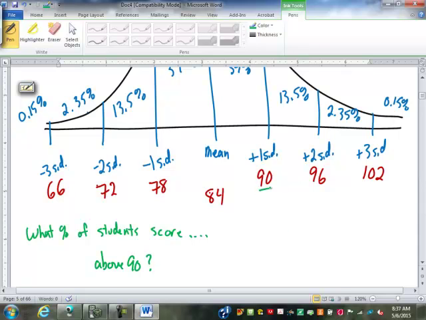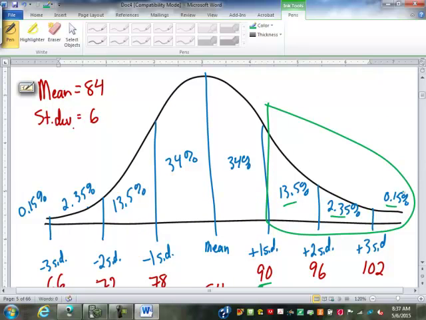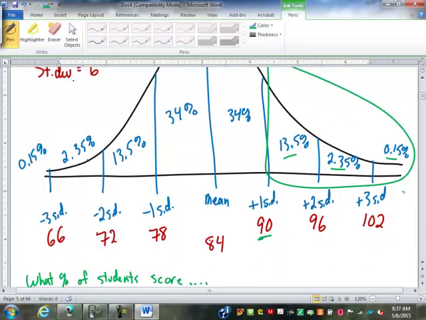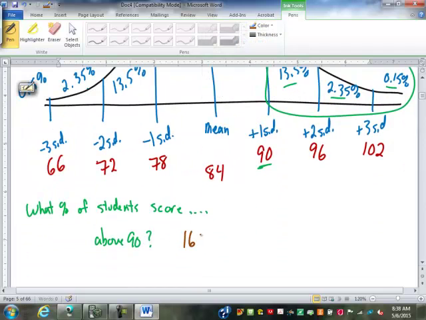Well, if I look over here, here's the 90 right there. Above 90, that would be this range right here. If I add those percents all together, it would add up to 16. So that would tell me that 16% of all students score above 90 for the course out of 100. Does that make sense?